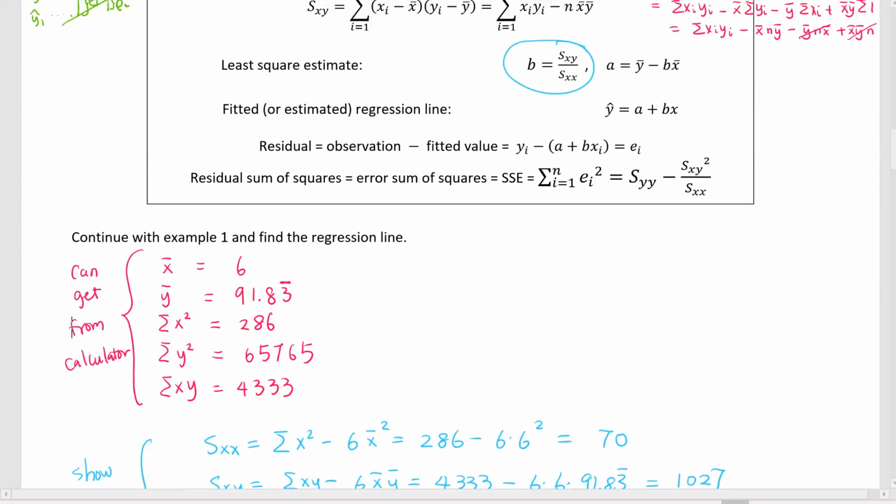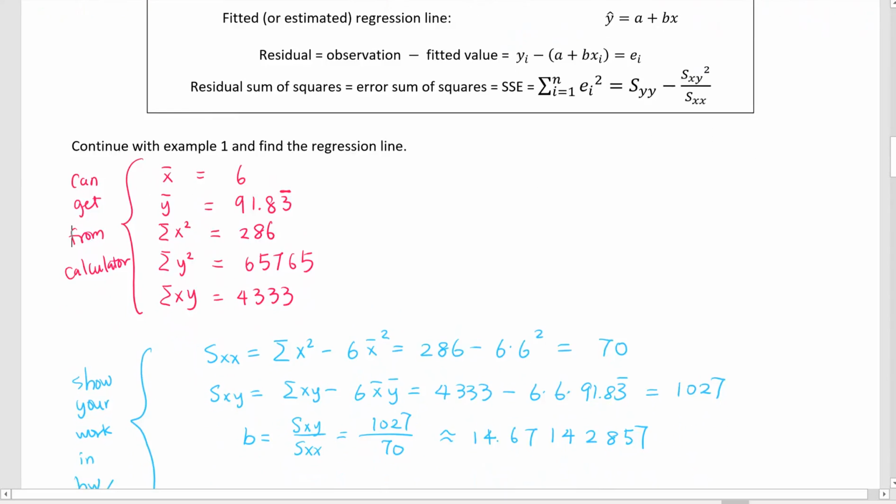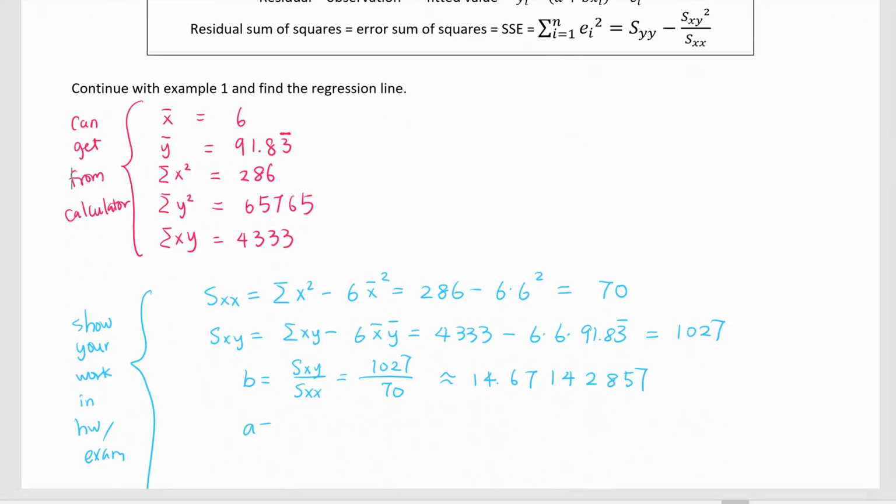And how do we get a? a is y bar minus b x bar. y bar is 91.83 with the 3 repeated. So it's good to put this exact number in your calculator, since your calculator has this number. And that minus b, which is 14.67142857.